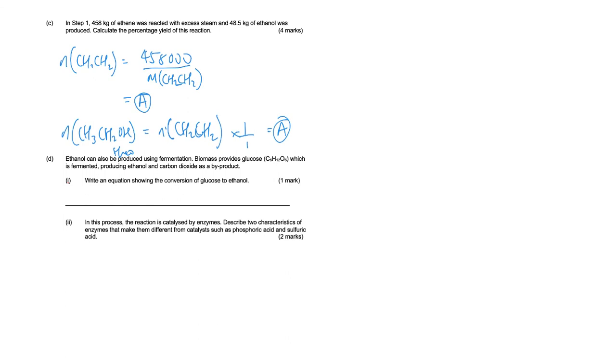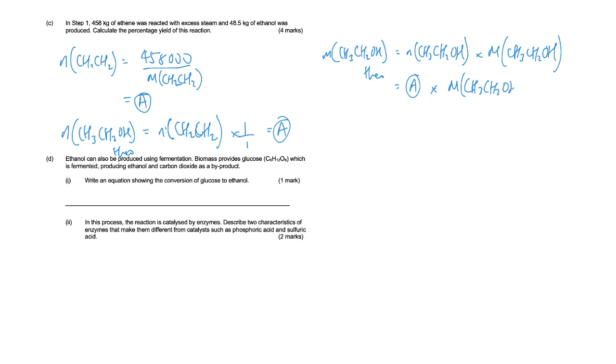Then you would be able to say that the mass of CH3CH2OH theoretically produced would be the number of moles of ethanol times the molar mass of ethanol, which would be some value, and then you would take that percentage yield of the ethanol would be equal to B over 48500.